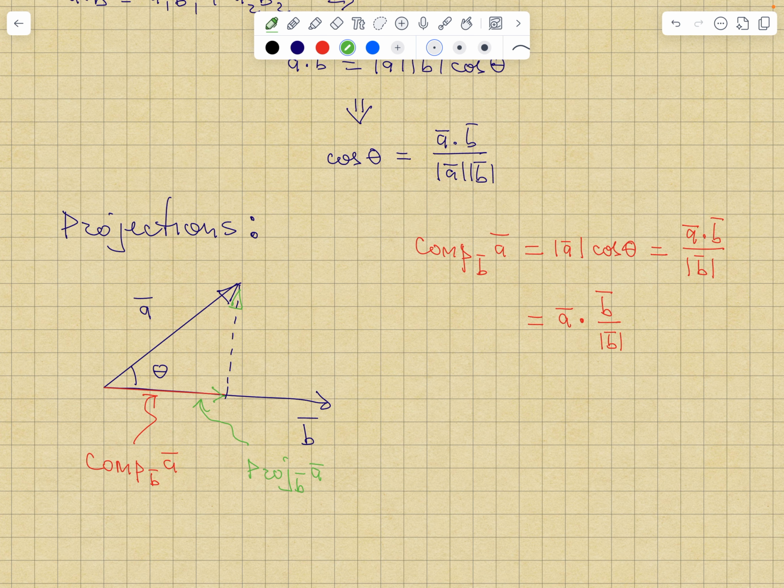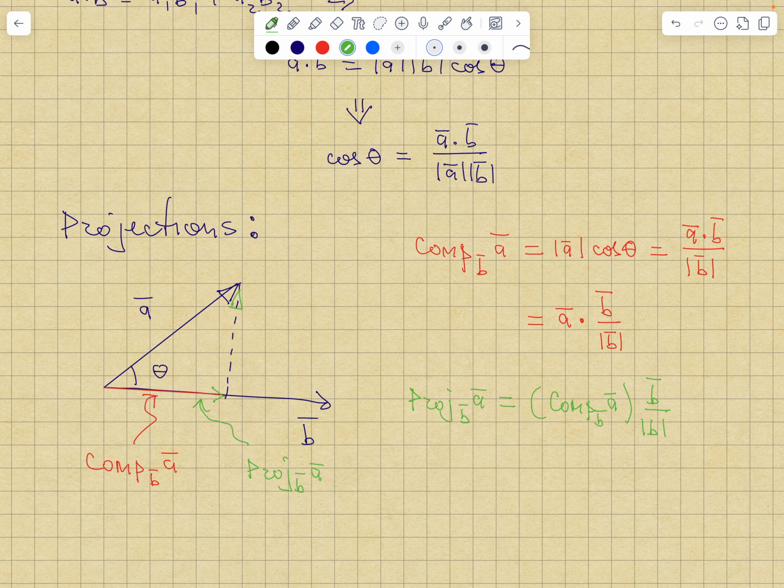And number two, this vector is along the vector B, so it has the same direction as B. And so that means that I will get this projection of A on B. It's a vector with the magnitude comp AB and the direction of B, so it is the direction of a unit vector along B. So times B over magnitude of B.